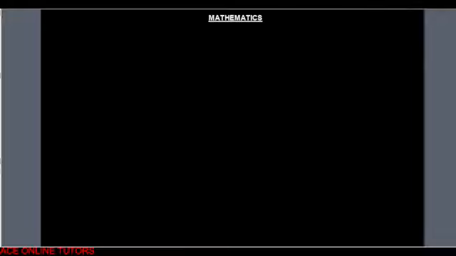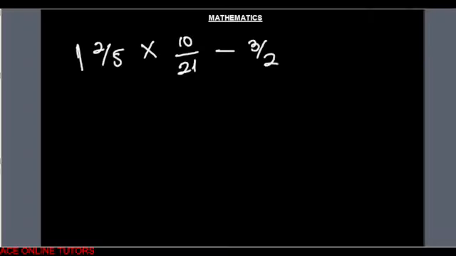So there's this question. So we have one whole number, 2 over 5 multiplied by 10 over 21 minus, let's say we have 3 over 2 divided by, let's say 18 over 4.